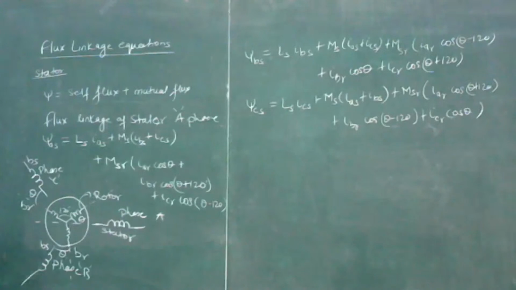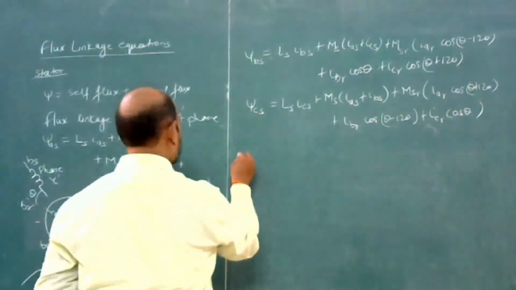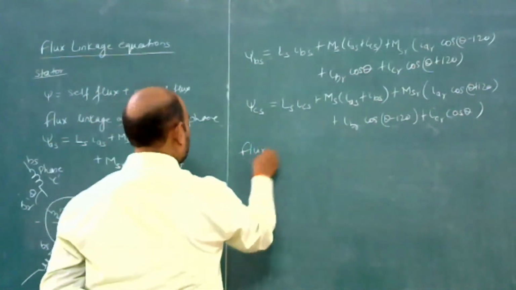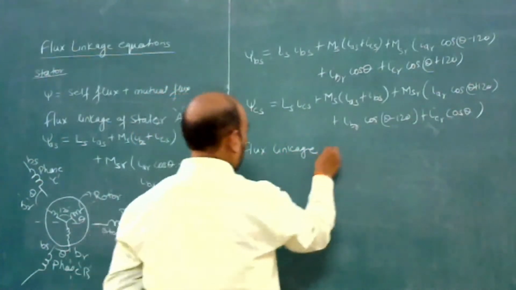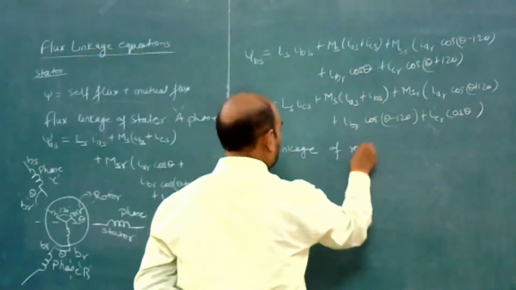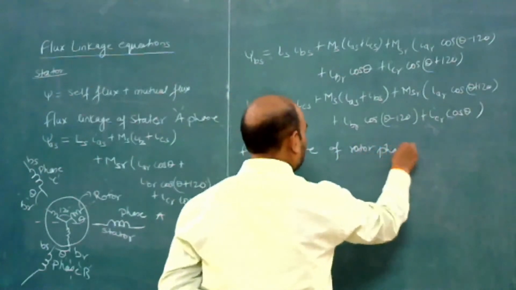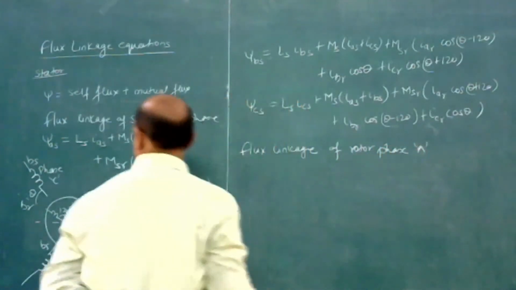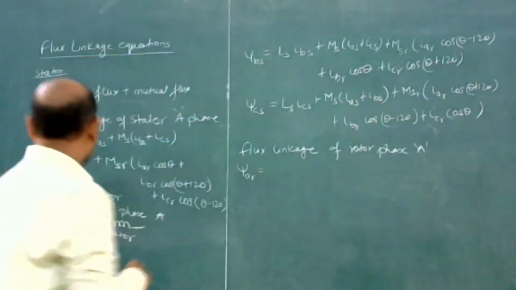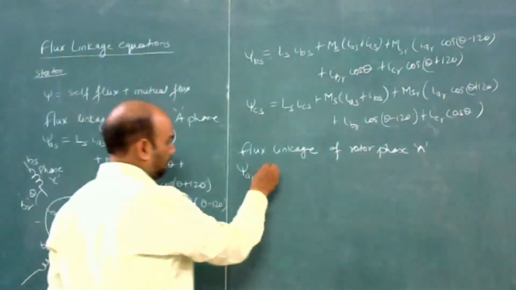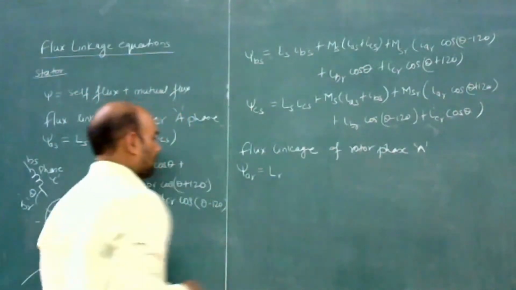So flux linkage of rotor phase A, this will be psi AR. Let the self inductance be LR.